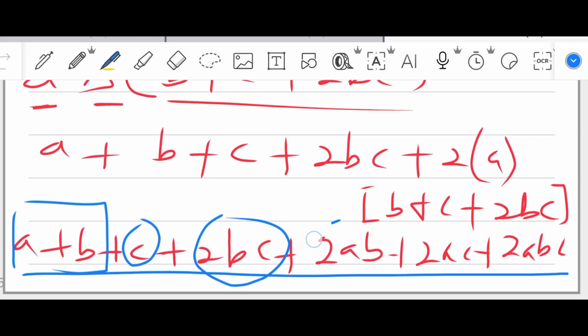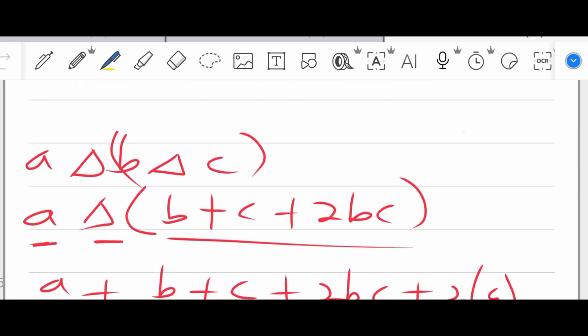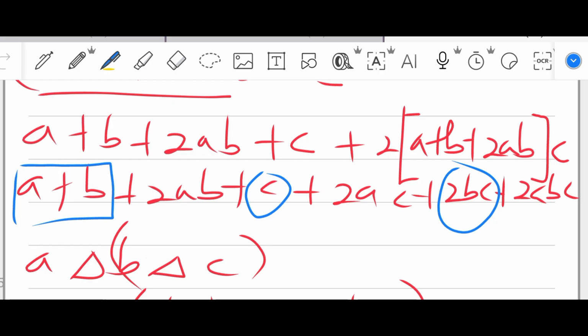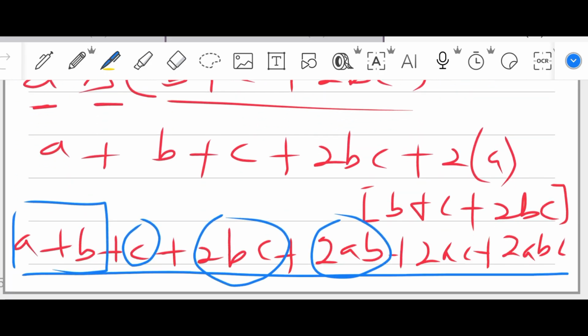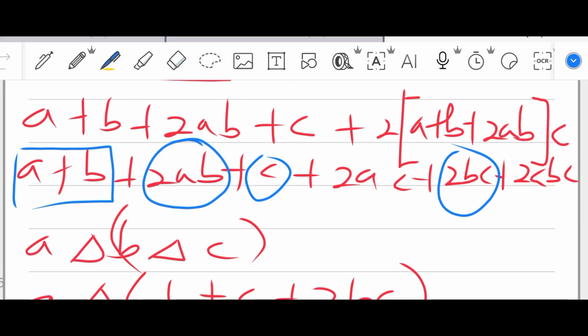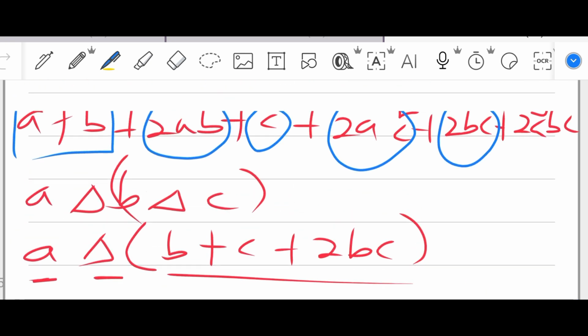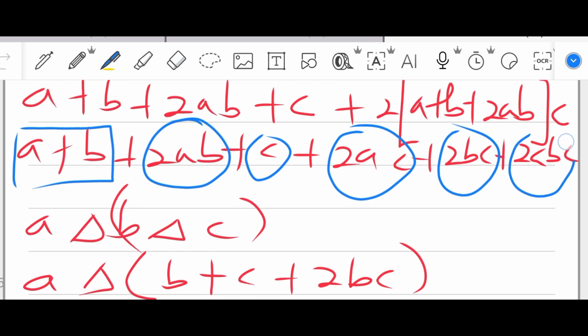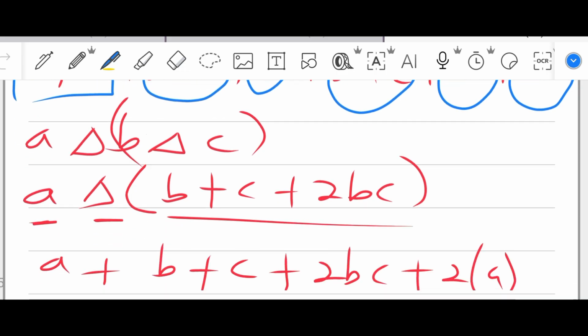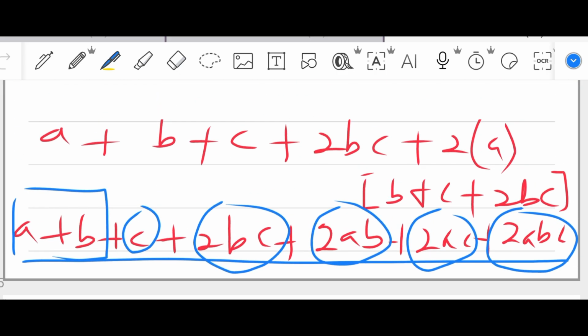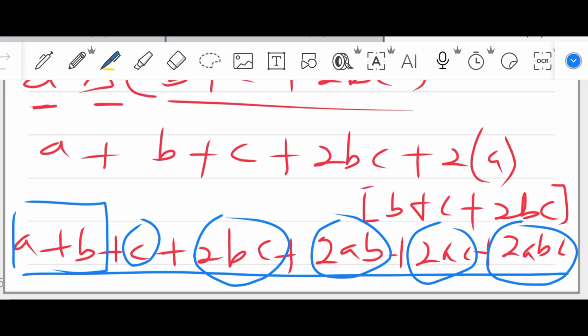Then we have 2AB standing alone, and we have 2AB also. The next one, we have 2AC standing alone, and we find 2AC here. Then we have 2ABC standing alone. So you realize that both the left hand side and the right hand side are equal.